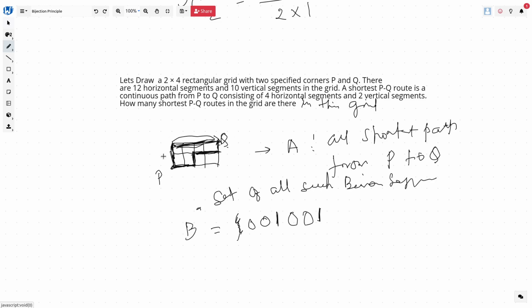Now, if we look at this one, we move 2 verticals, so 1 1, then we move 4 horizontal.